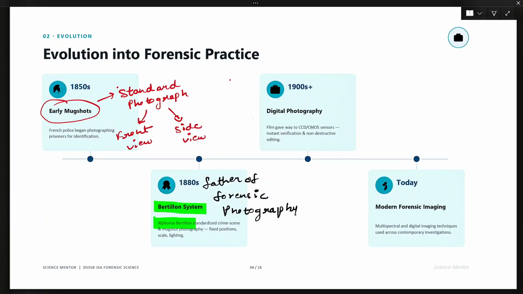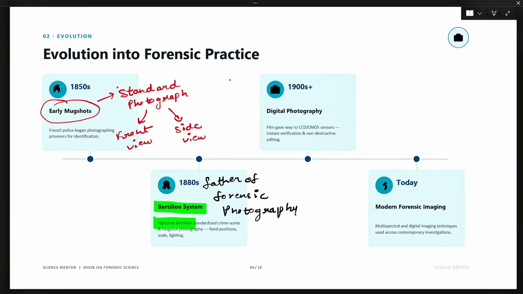Question four: what are two advantages of digital photography? Question five: why should the original raw image be preserved? If you can answer these questions confidently, then you have understood how photography evolved from a simple investigation into an essential forensic investigation tool.